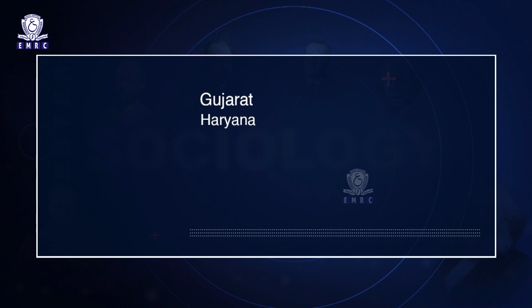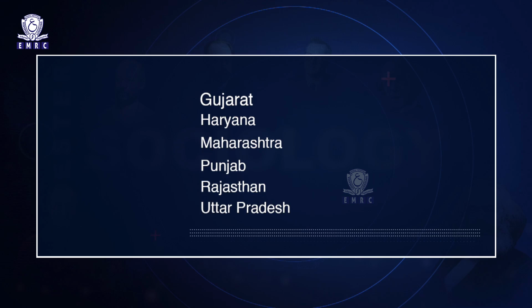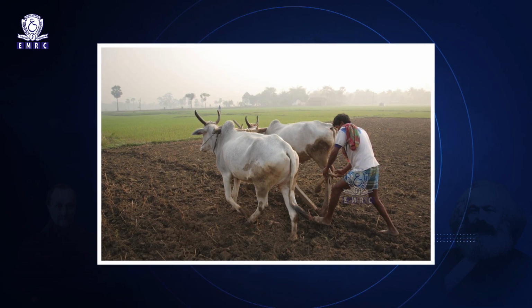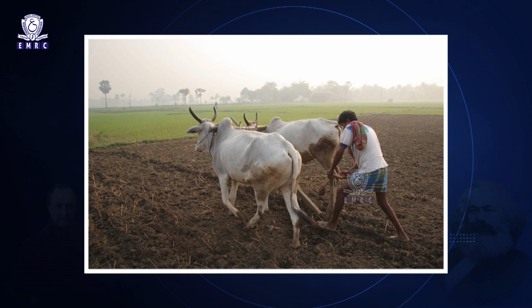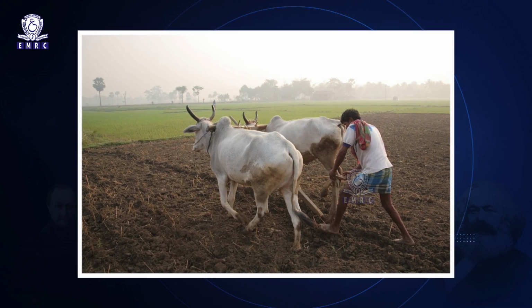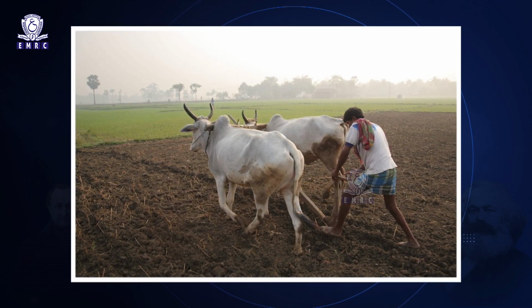In states of Gujarat, Haryana, Maharashtra, Punjab, Rajasthan and Uttar Pradesh, there is a provision for annual revision of records. However, several tenants do not try to get their names recorded because of the danger of being evicted.